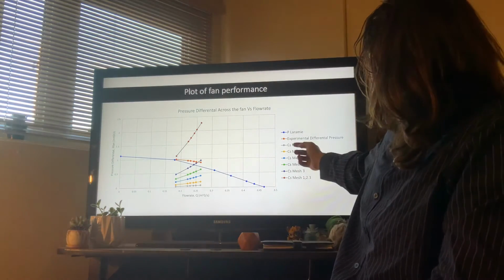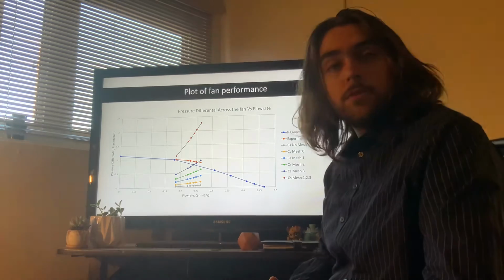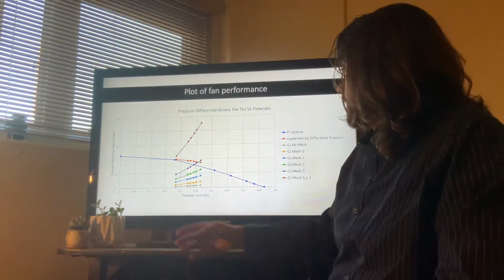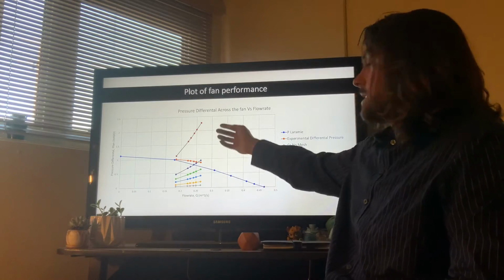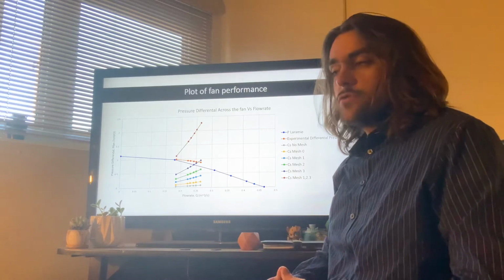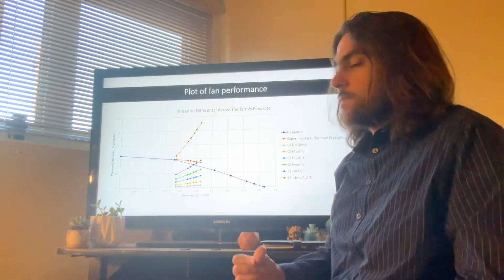C of S, as it increases with the flow rate, is also shown here, and this depicts obviously that as C of S increases, the pressure rise that is expected from the fan increases.